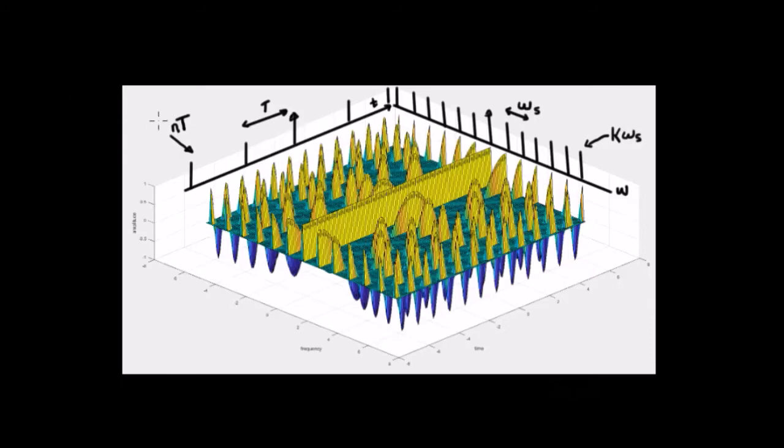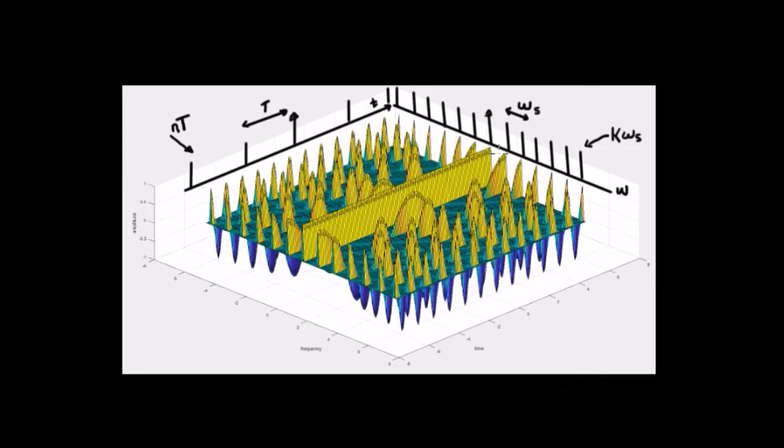So we can see geometrically here why it is that when we look at an impulse train in the frequency domain, it gives us an impulse train in the time domain, or equivalently an impulse train in the time domain will give us an impulse train in the frequency domain. And we can see that because the impulse train is a purely even function. So that means that whenever we do the Fourier transform or the inverse Fourier transform, we have to multiply it by either e to the i omega t or e to the minus i omega t.